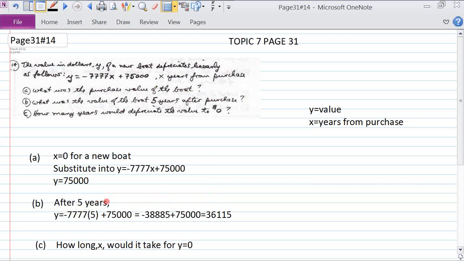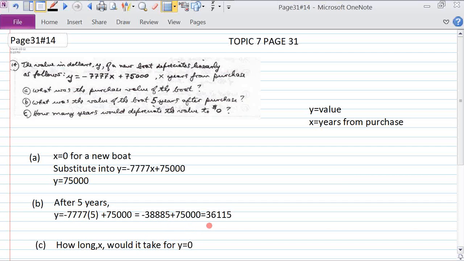After 5 years means that you're going to replace the x with the 5 here, because x represents the years from the purchase. So all you have to do is take this formula, replace the x with a 5, and you can see after 5 years the value of the boat has gone down by $38,885.